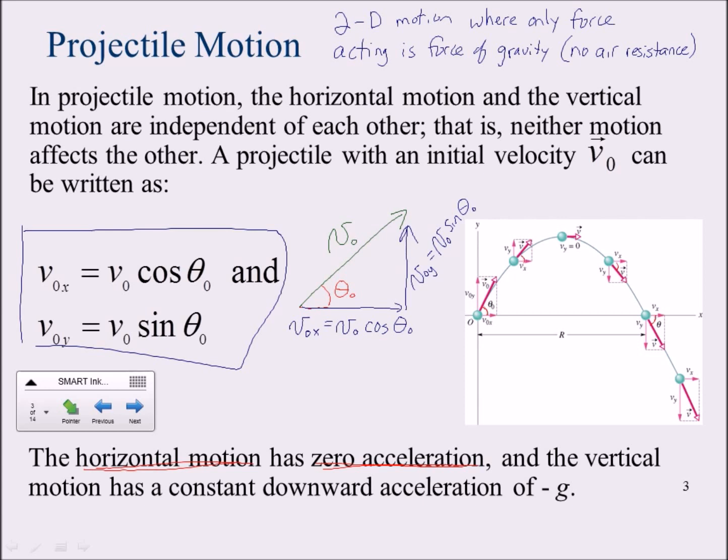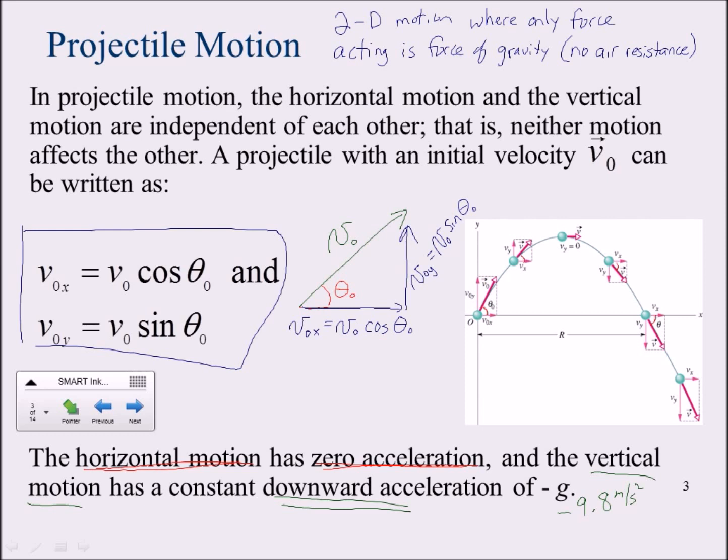In the vertical direction, there's a constant downward acceleration. So that acceleration is negative g, or putting numbers in on Earth, that would be negative 9.8 meters per second squared. So in the vertical direction, the acceleration that we have is exactly the same acceleration that we had in free fall.